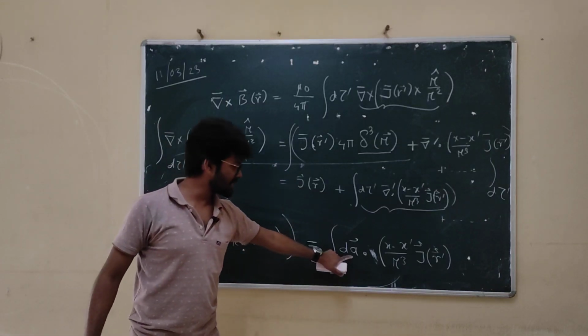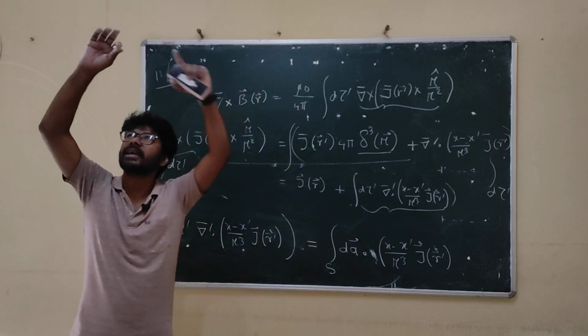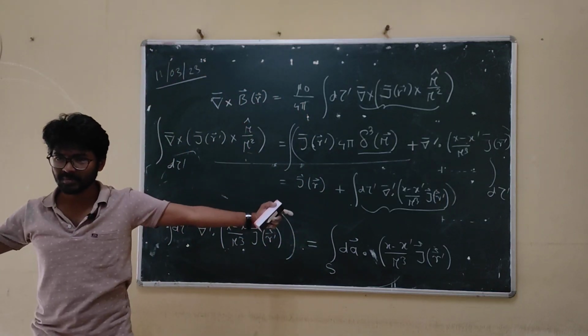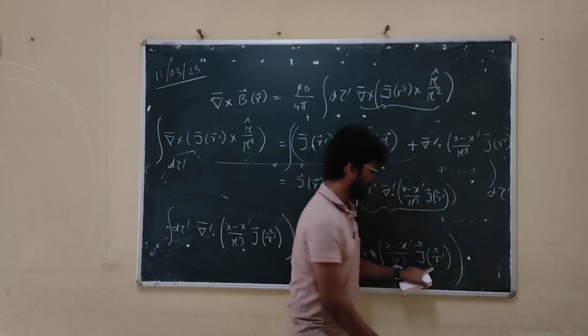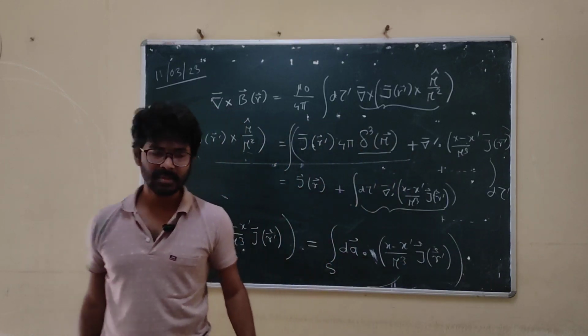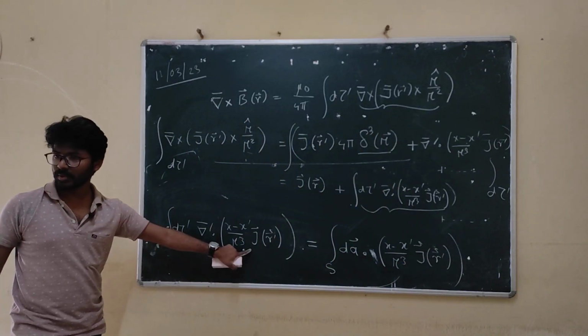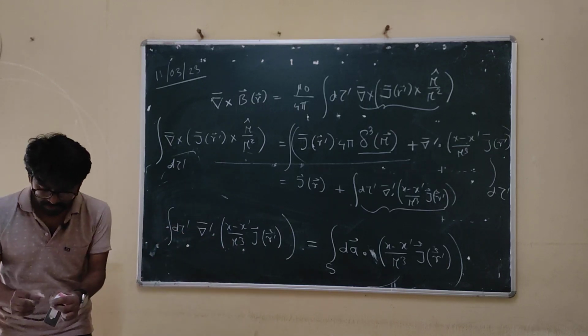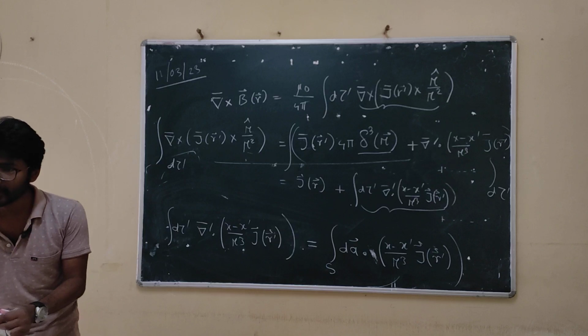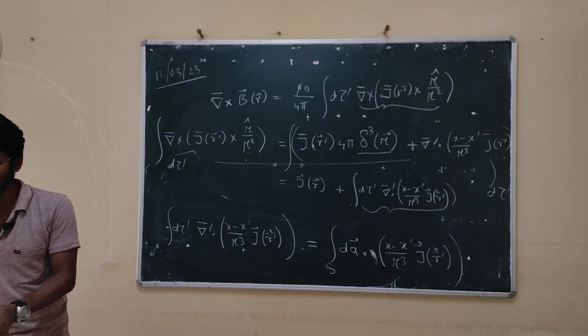And that means this surface is lying at infinity, but then at infinity, your current is 0. You cannot do it here. This argument doesn't fit here because this is a volume integral. Volume integral means you are adding all these points, and there the J is not 0.